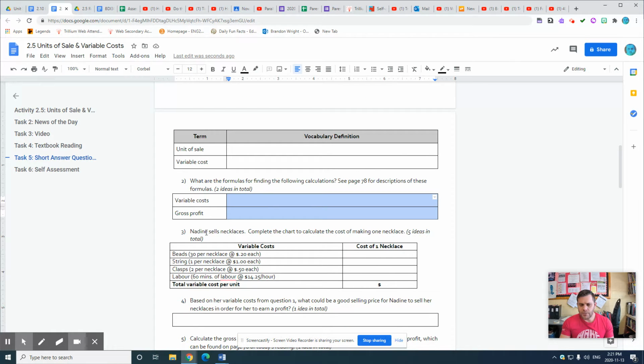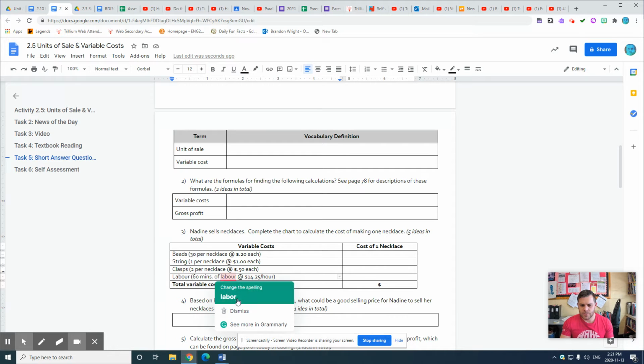All right, so I have an example right here. It's not recognizing the Canadian spelling of labor. So here is a business idea. Nadine makes necklaces. Nadine is just a made-up person. Now I've listed her variable costs and the cost of each item.